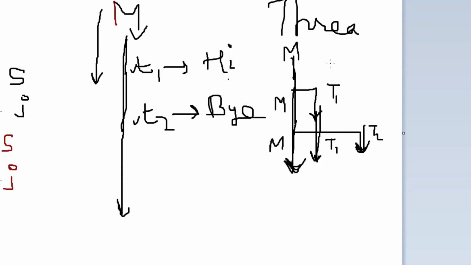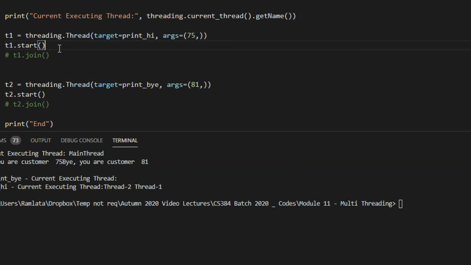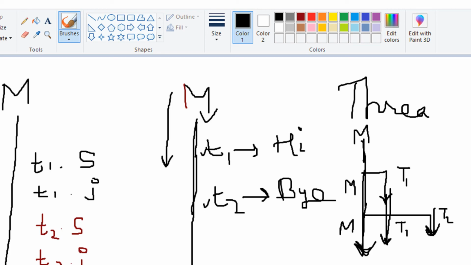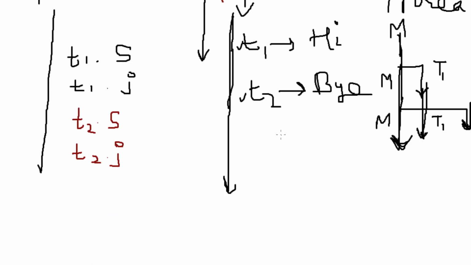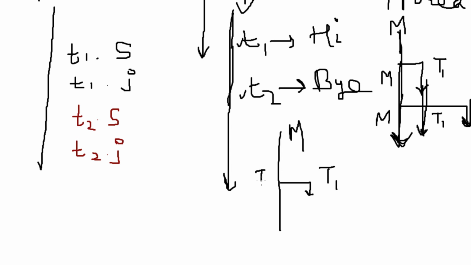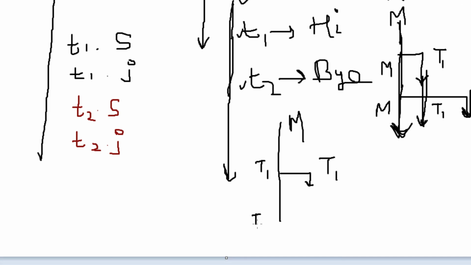But the moment we say, okay, I need to have T1.join and T2.join, how will the execution take place? This is the main. I am executing a parallel process T1, but since it is joining, in the main program I have T1 here and I have T2 here.